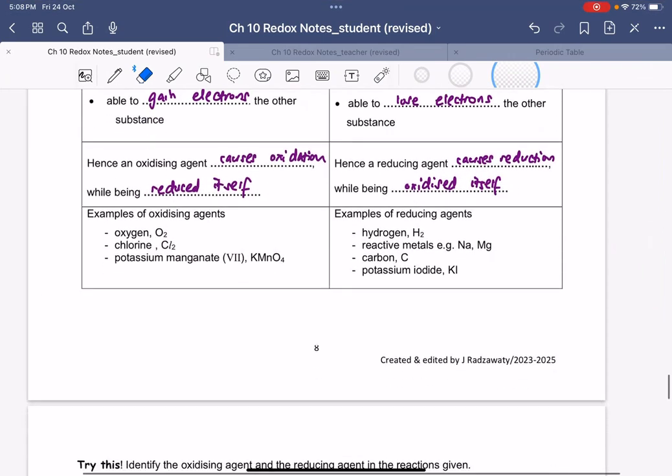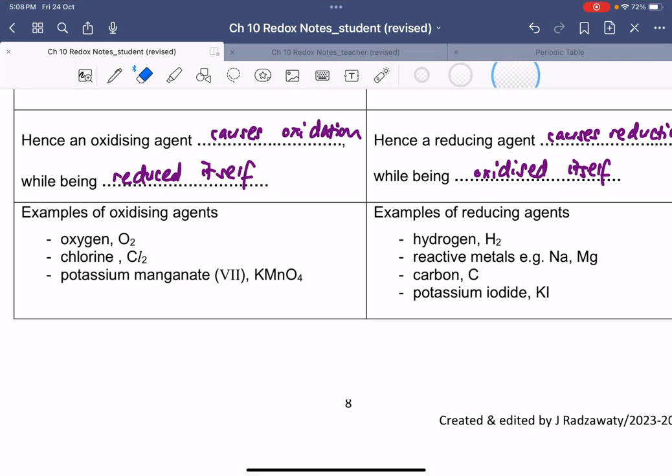Another way to explain is that, for example, this is my oxidizing agent. My chlorine will change to chloride. This is a reduction itself. If it's a reduction, it is an oxidizing agent.